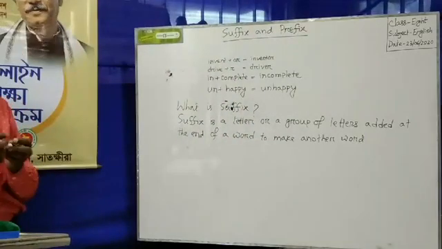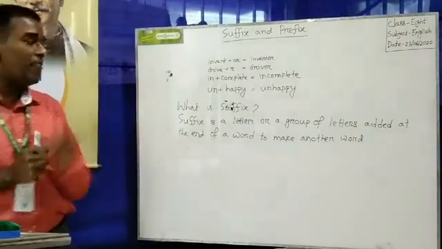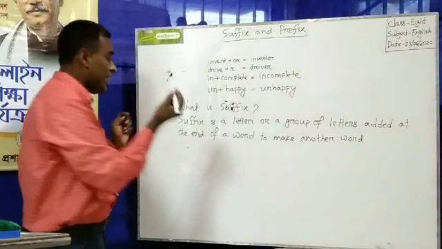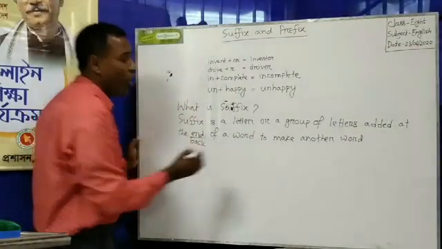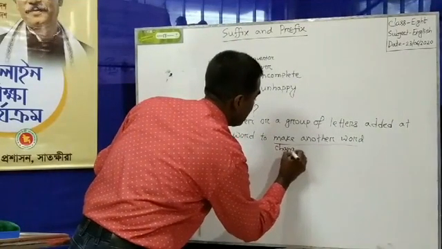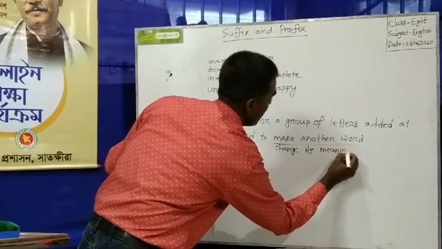This is the definition of suffix. You can also say suffix is a letter or a group of letters added at the back of a word to change its meaning.